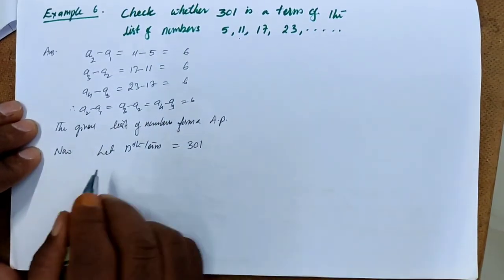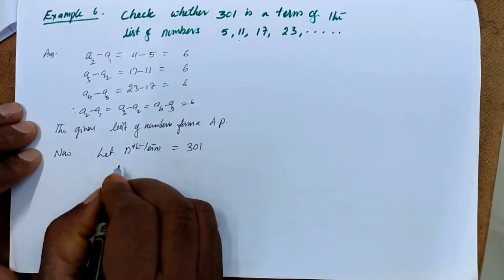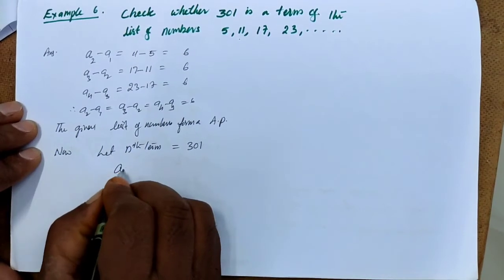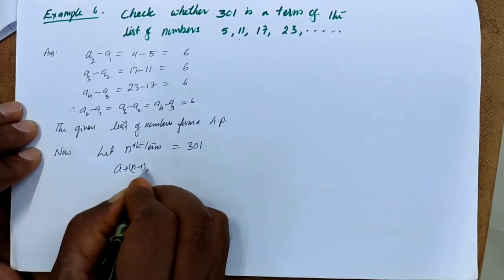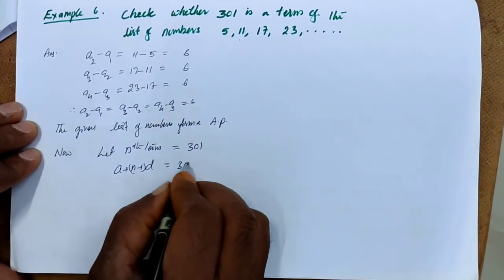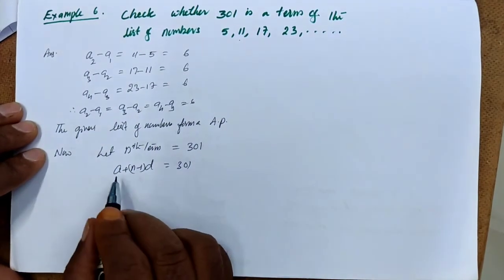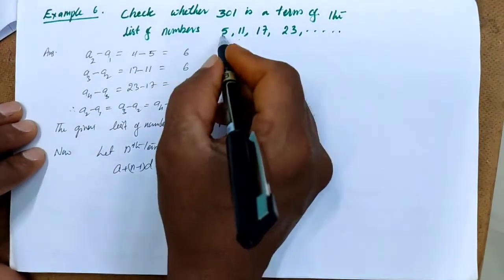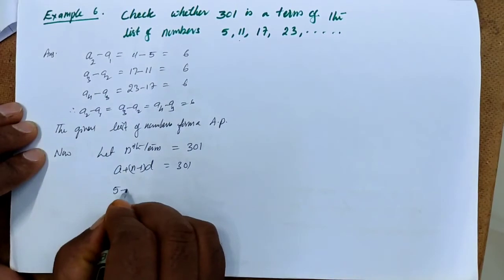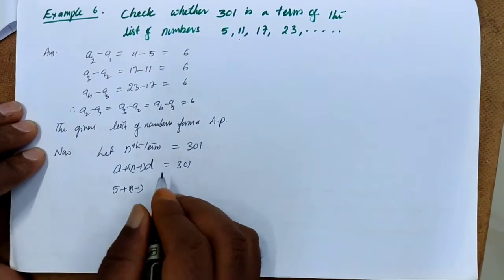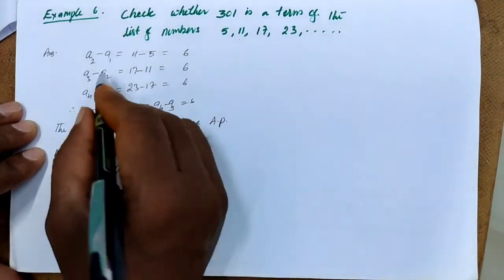The general form of the nth term is a plus n minus 1 into d, which is equal to 301. Now what is a? a is the first term, 5, plus n minus 1 into d, where d is 6.